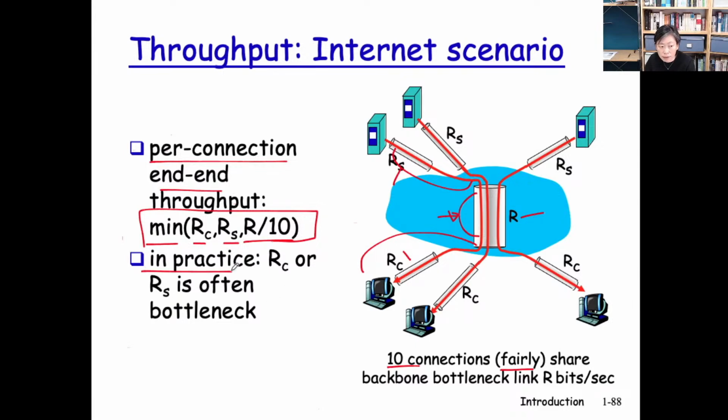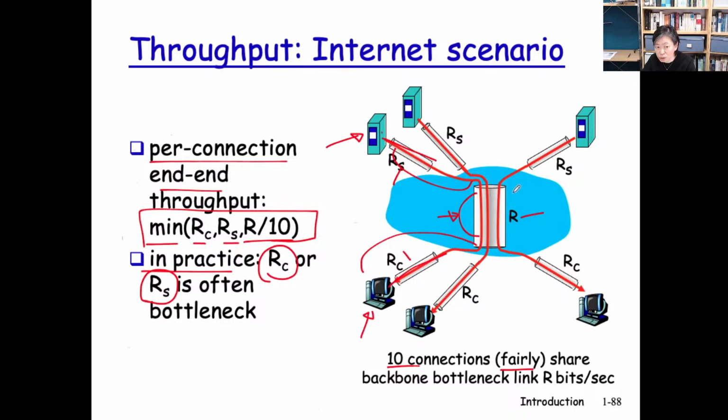In practice, however, nowadays on the internet, usually it's either RS or RC being the bottleneck. This is an end system, this is an end system. We subscribe to access to the internet through some ISP, so usually the rate is low. Just like this, the application service provider is also subscribing to their ISP.